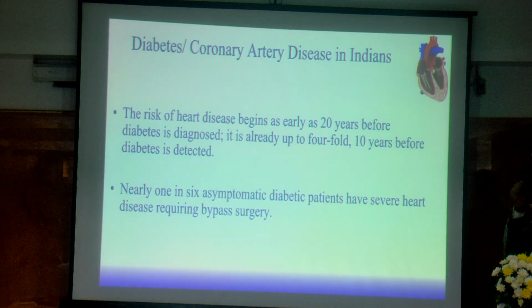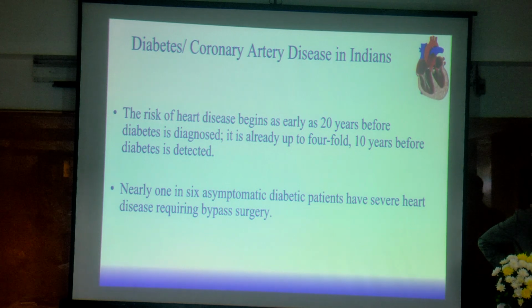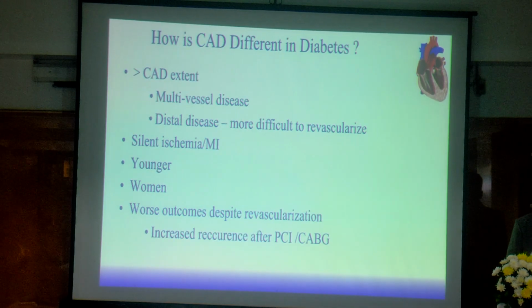That is because even in the pre-diabetes stage, the risk of atherosclerosis increases, and it's up to 4-fold at 10 years before diabetes is detected. So it's very high. And 1 in 6 asymptomatic diabetic patients have severe heart disease, up to requiring bypass surgery. So many of them are totally asymptomatic, still have heart disease.